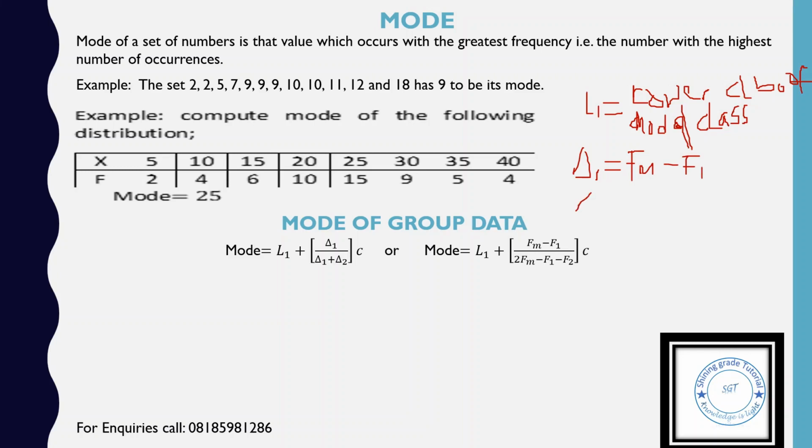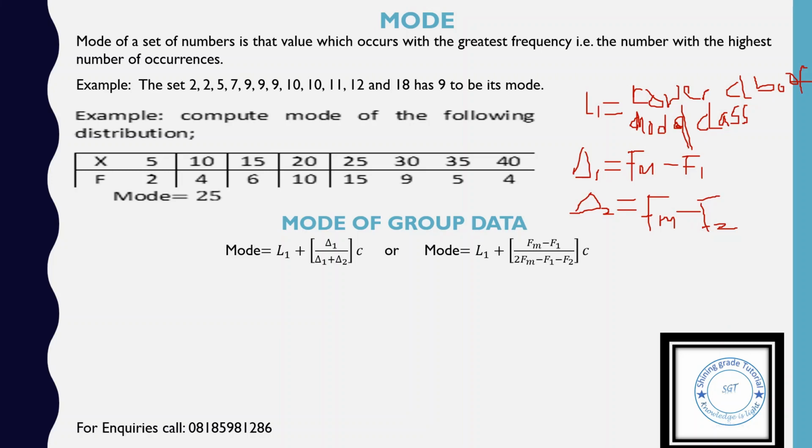Delta 2 is as well the frequency of the modal class, fm, minus the frequency of the class after the modal class, f2. So when we put this into the formula, we get this other formula.